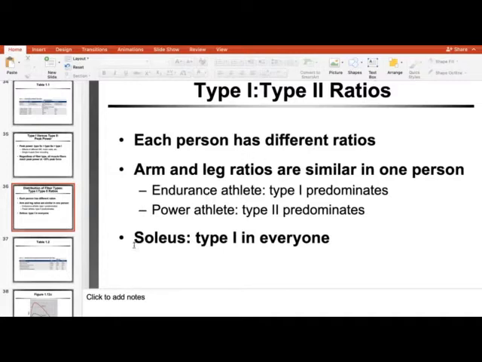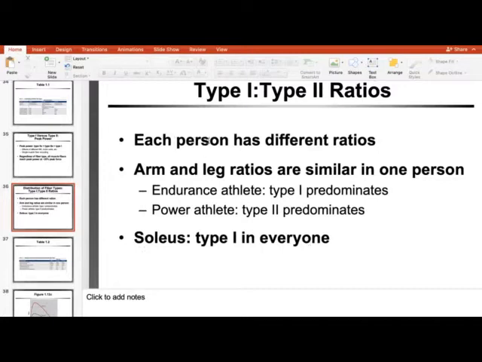But there are muscles in your body that are typically used by everybody to do the same thing. Like your soleus is predominantly used for walking. And because your lower leg is used predominantly for walking, typically there's going to be a higher percentage of type 1 muscle fiber types in your gastrosoleus unit for everybody.